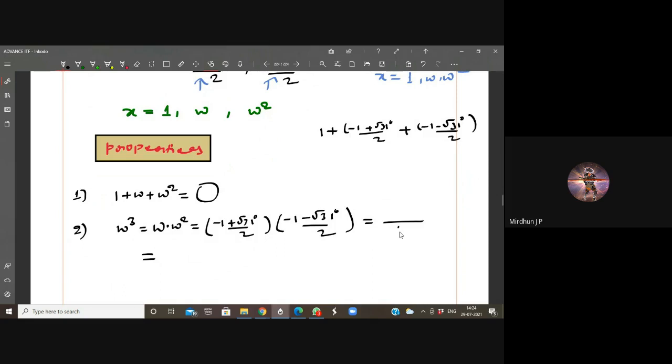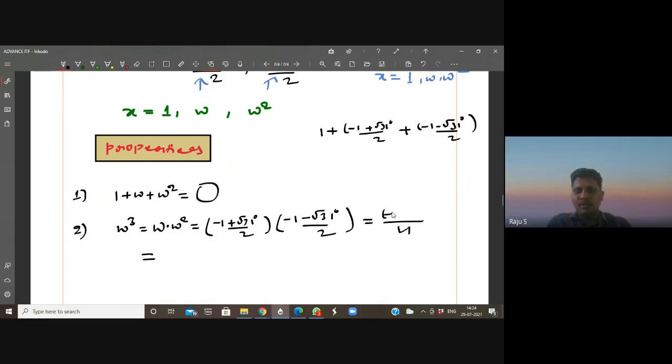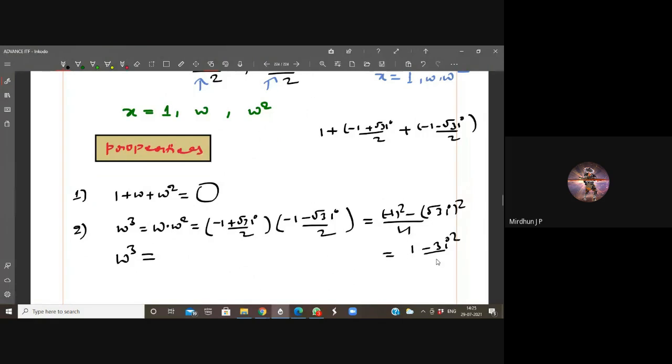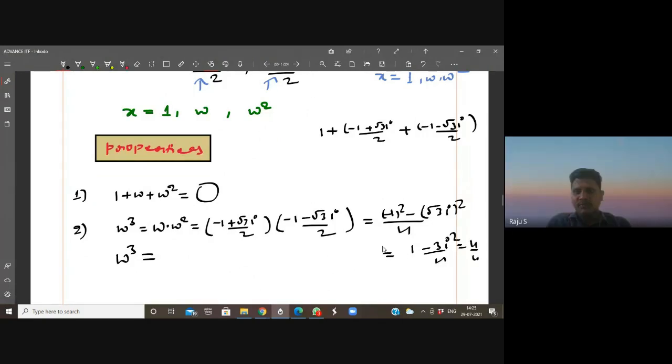Denominator 4. 1 square minus root 3 times iota square. Answer: 1 plus 3 by 4, nothing but 4 by 4, nothing but 1.